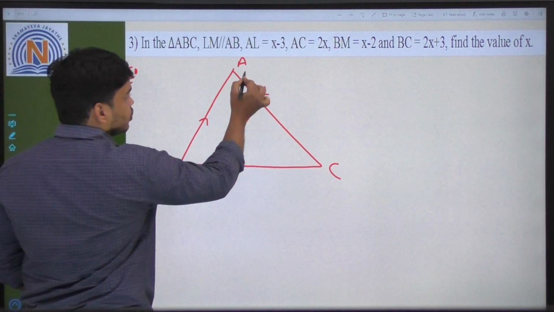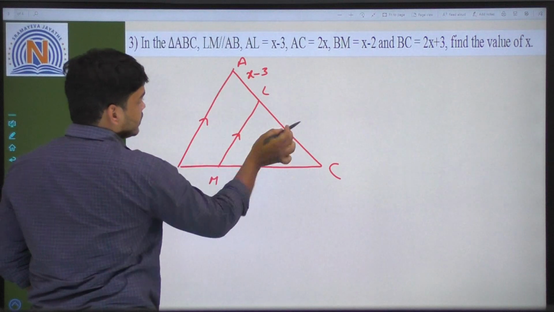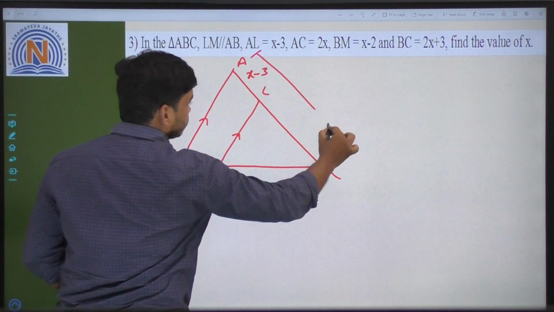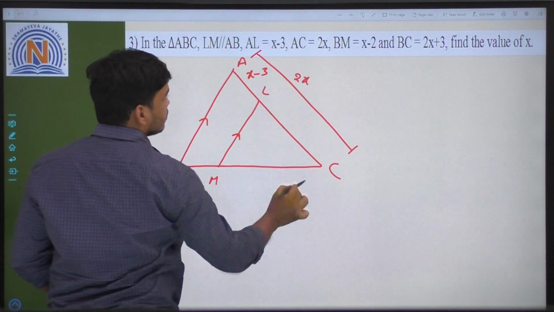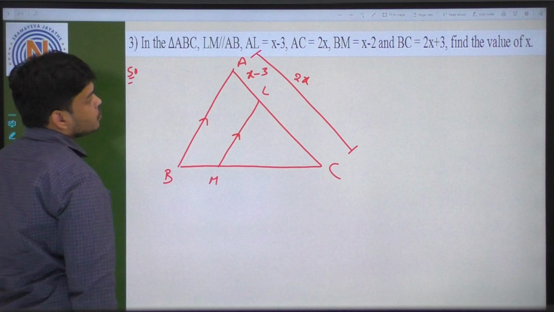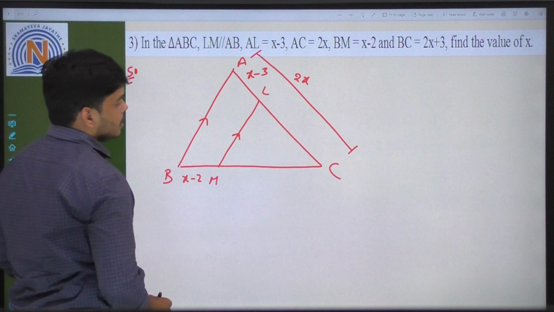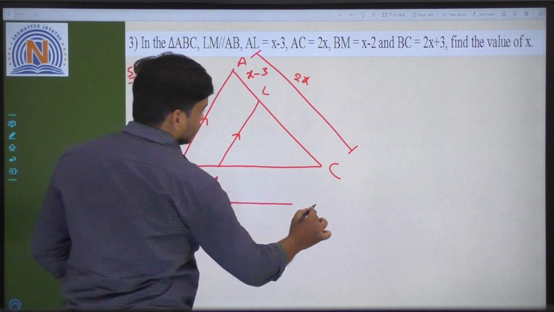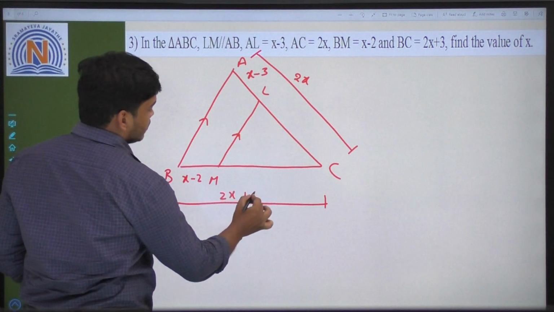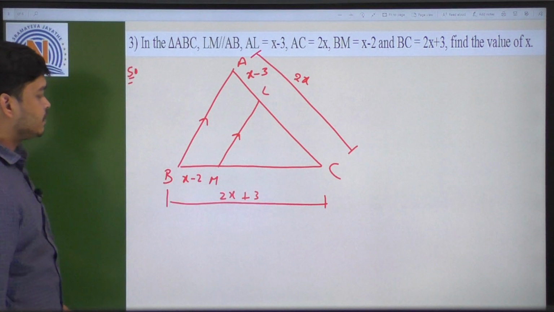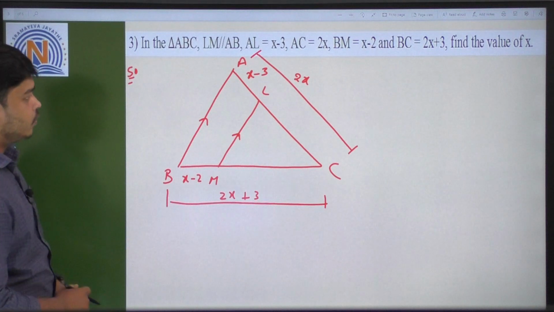AL is equal to x minus 3 and AC total is given, that is equal to 2x. And the next one is BM is equal to x minus 2 and BC total is given, BC is equal to 2x plus 3. Then see here children, find the value of x.